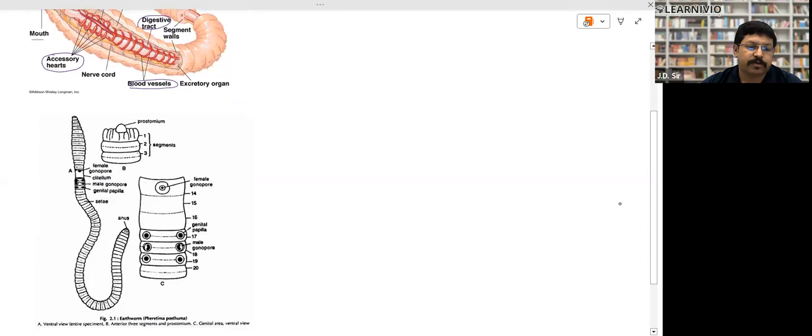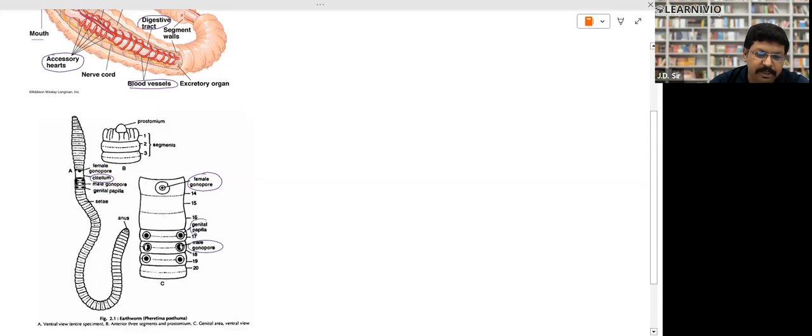One more thing, this part is called clitellum, right? Female gonopore, means female reproductive pore, is found in the 14th segment. And male gonopore is found in the 18th segment, right?